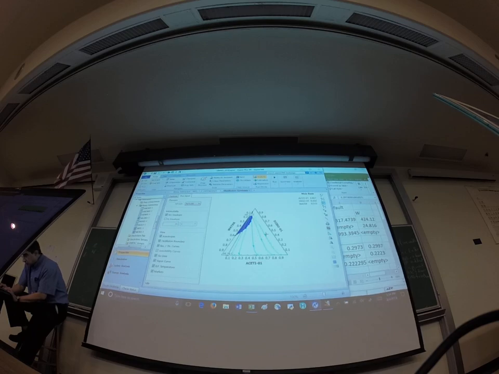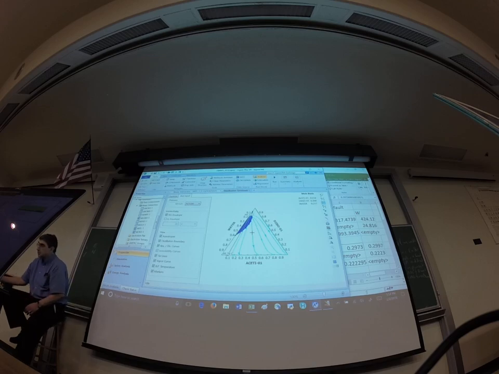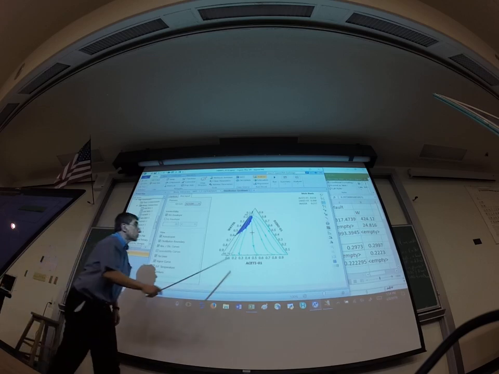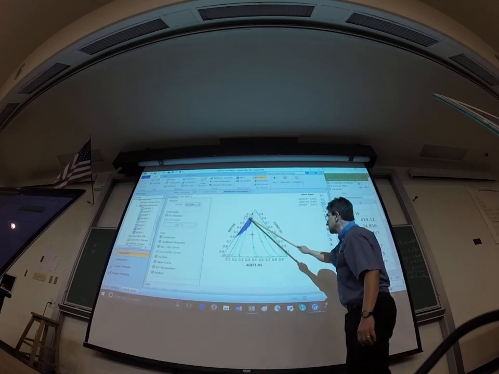These are so-called residue curves. They show the path that ordinary distillation would follow if you have a batch Rayleigh still. Notice that in this region, all those curves start from here, and this azeotrope has the lowest boiling point.